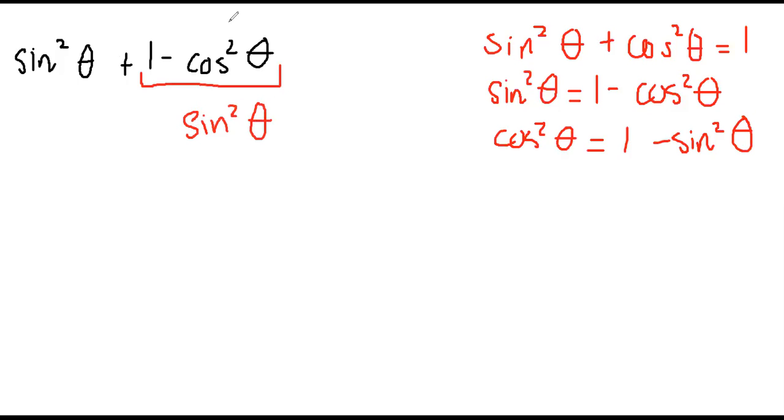And the rest of the expression is sine squared of theta. The result for this one is just going to be 2 sine squared of theta, because sine squared of theta plus sine squared of theta is 2 sine squared of theta. Let's go ahead and go to the second example I have for you.